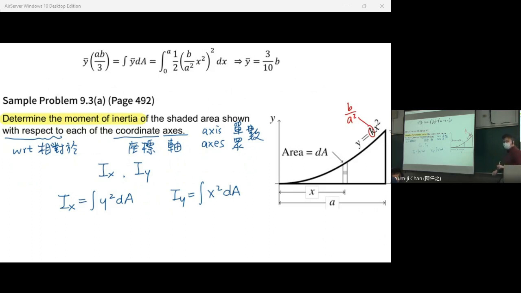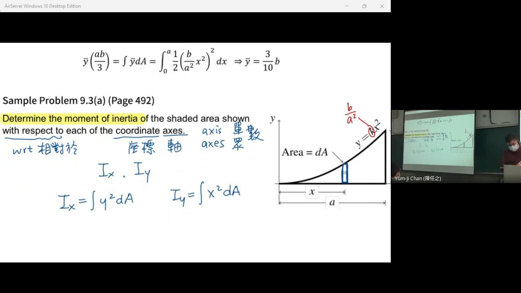And we want to work on this area, small area. For this small area, it is easier to work on Iy. So we work on Iy first.